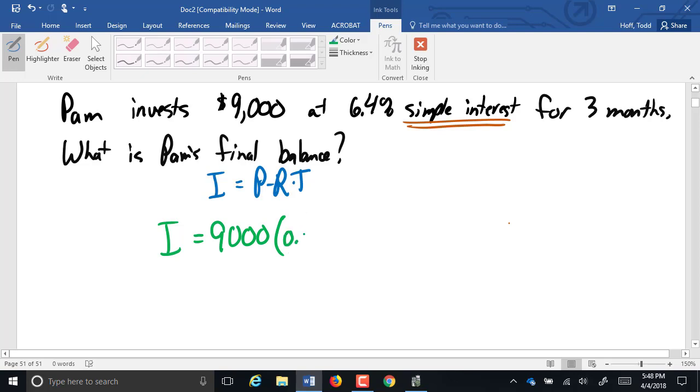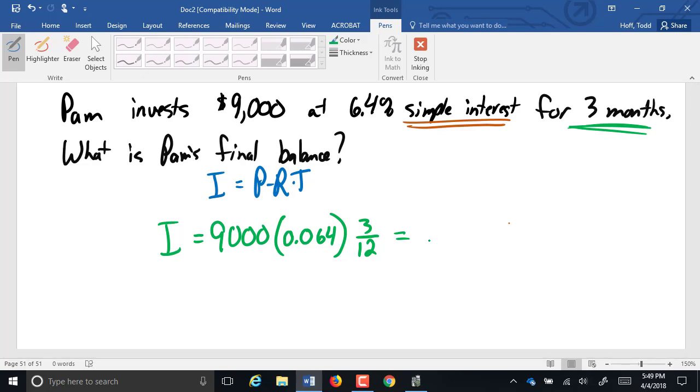So as a decimal, that'll be 0.064. Now our time is 3 months. We said our time was always in years. How do we express 3 months as years? 0.25 would do it. We'll just do 3 over 12, right? 12 months in a year, we're going to put it as 3 out of those 12 months. We're going to make the assumption when they use the term months, that all 12 months are the same size. So it doesn't matter which of the months we're using.